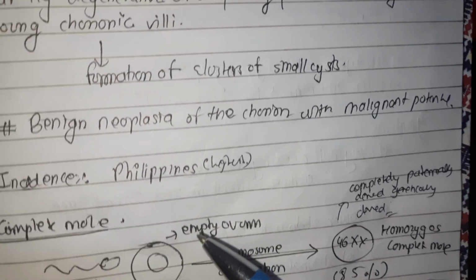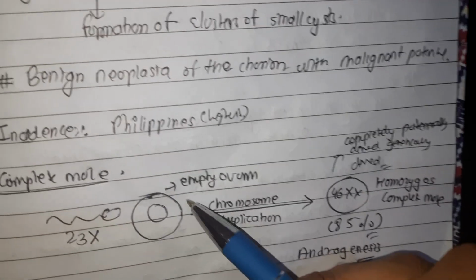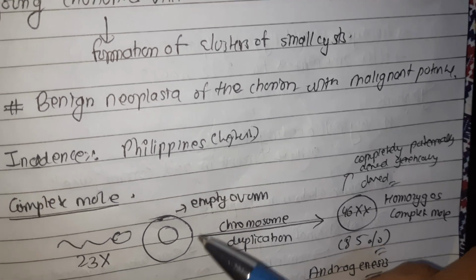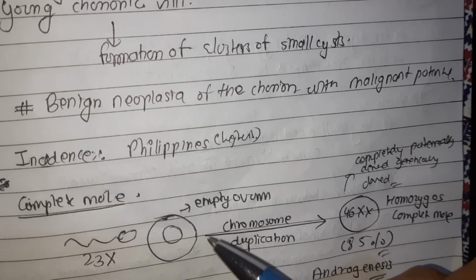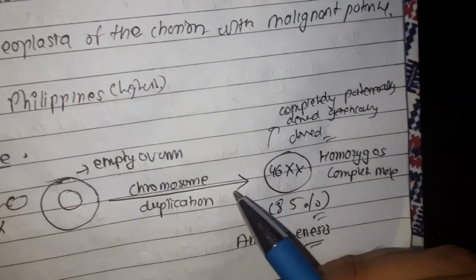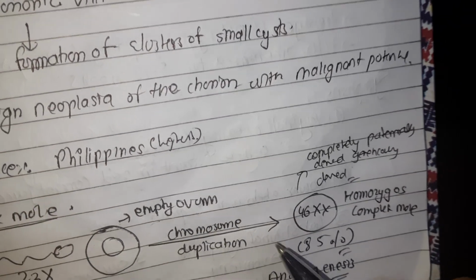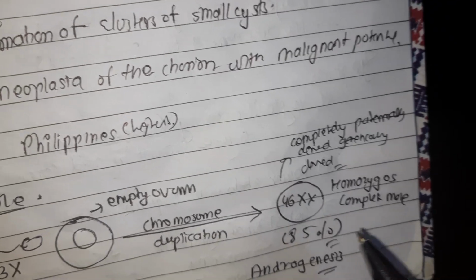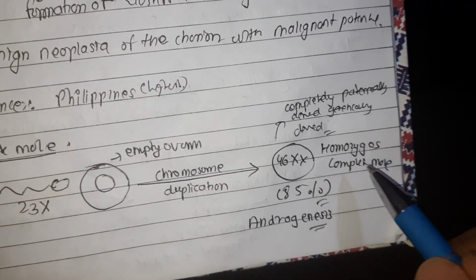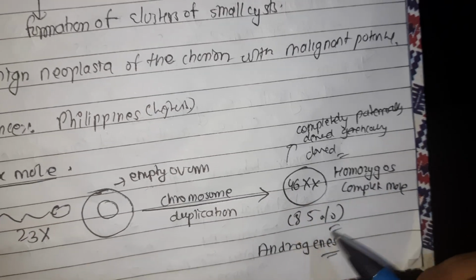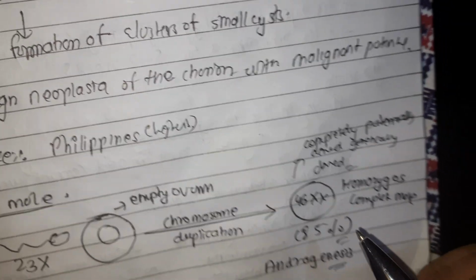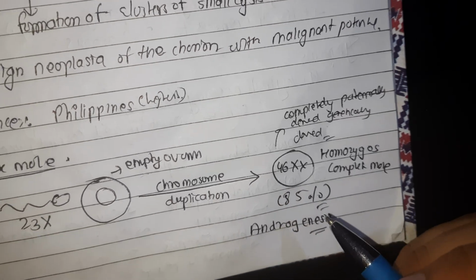There is the empty ovum, with no nucleus, or the chromosomes might be inactivated, and when the sperm fertilizes this empty ovum, the paternal chromosome gets duplicated, resulting in 46XX, which is entirely paternal. It is known as homozygous complete mole, and it is 85 to 90% of cases. This phenomenon is known as androgenesis, where entirely paternally derived genetic material is present in the newly formed zygote.